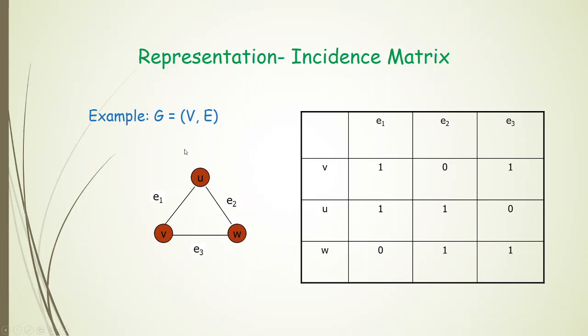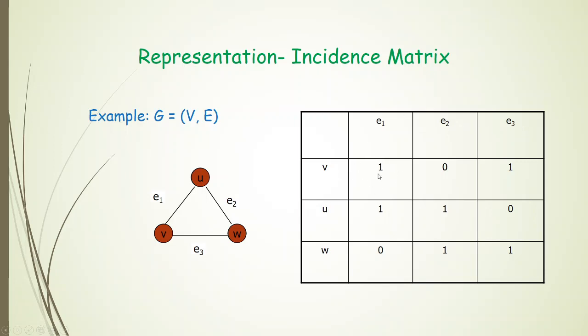To create an incidence matrix, you just have to write all the vertices in a column, or you can put them in a row. So you have V, U, W in this case, or V, U, W. The order doesn't matter. And you have your edges E sub 1, E sub 2, and E sub 3.